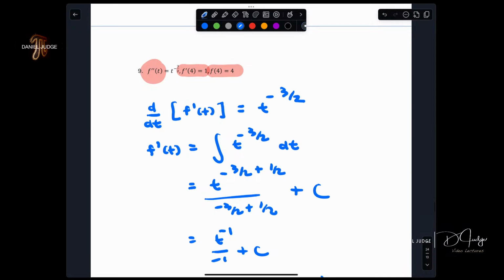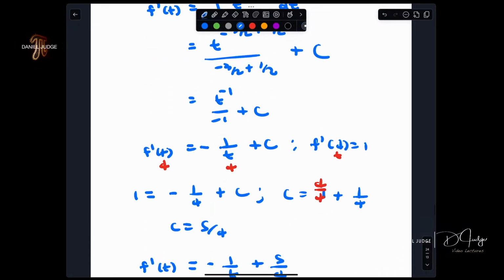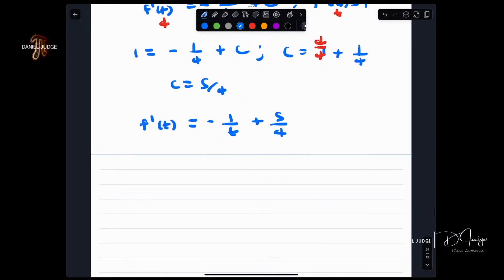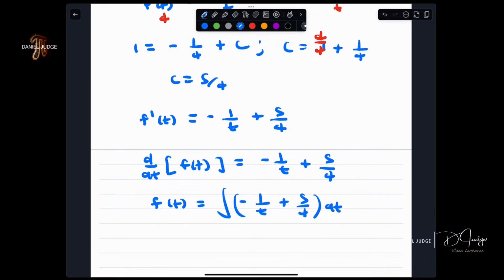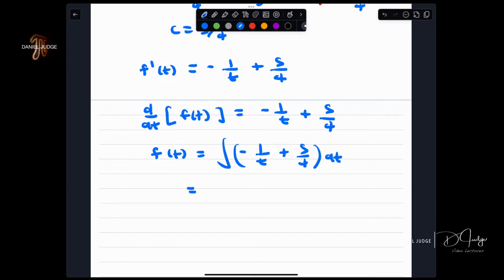So we need the function f, though. So remember, what this is saying is the derivative of f is negative 1 over t plus 5/4. So that means the function is found by taking the antiderivative, or integrating, what we see here.